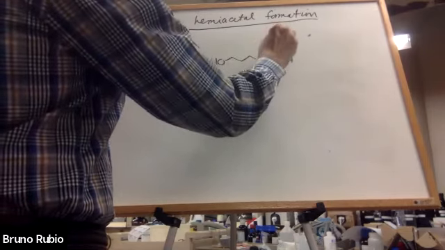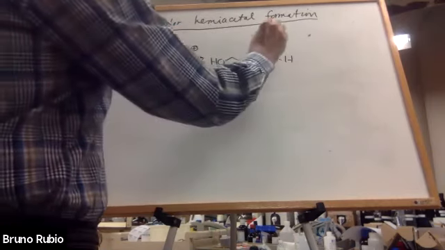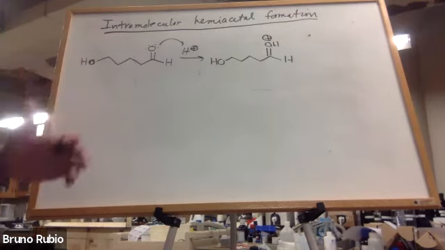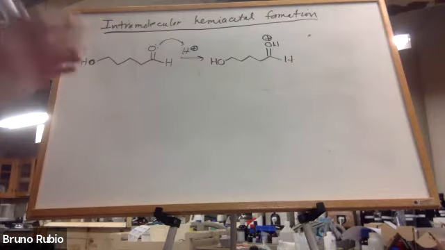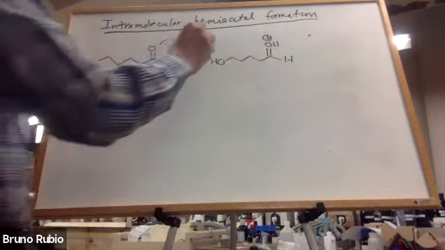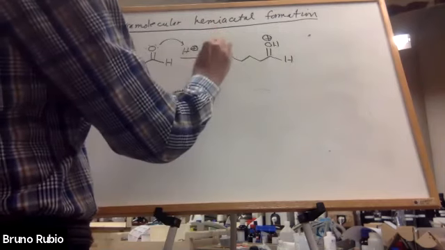We've seen that lots of times already. Protonation of the carbonyl oxygen. That makes the carbonyl carbon more attractive to the nucleophile. The nucleophile in this case is on the very same molecule, so this guy doesn't have to swim around looking for something to react with. It can react with the alcoholic oxygen that's just down the line here.